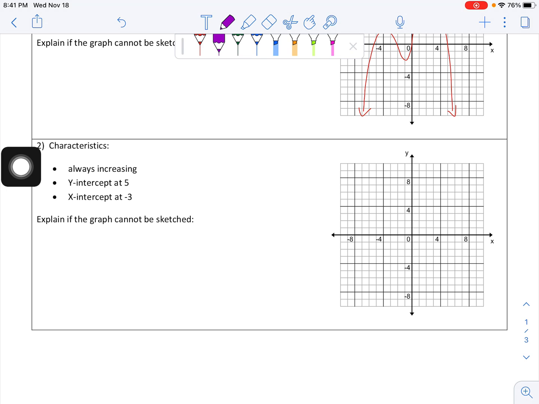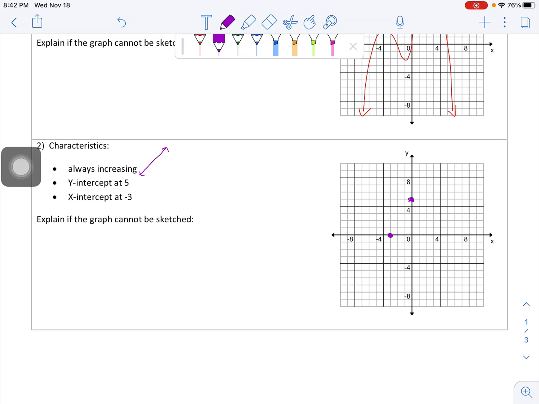All right, our graph is always increasing, which means from left to right, this graph needs to continuously go up. Now, it doesn't have to go up the same amount all the time, but it has to always be increasing. Y-intercept at 5, so let's go up to 5 here and mark a y-intercept. X-intercept at -3, 1, 2, -3 is right here.